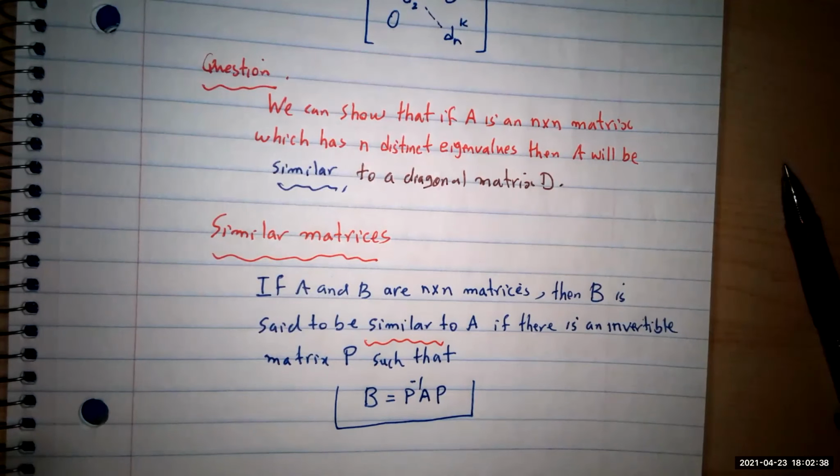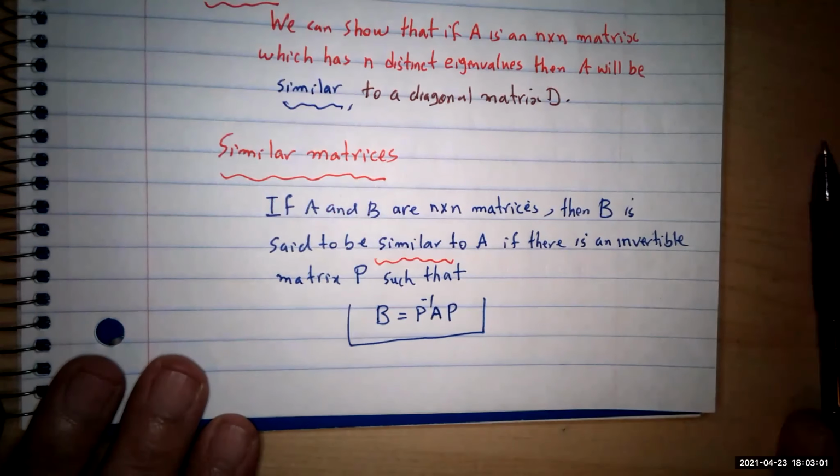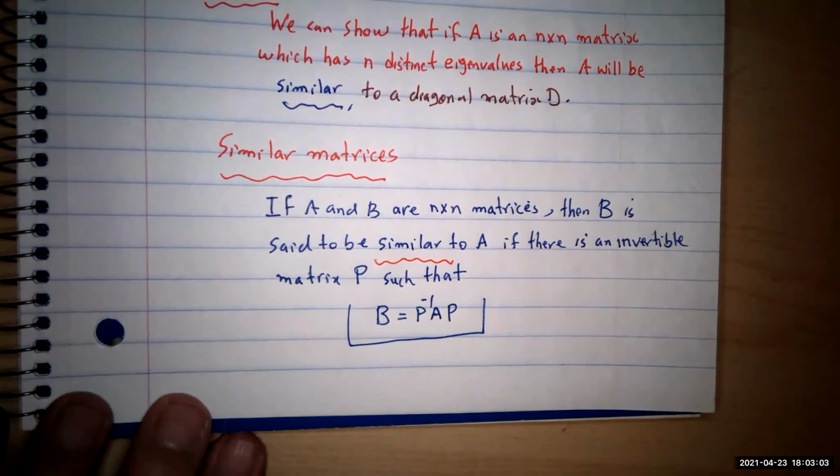So two matrices, A and B, are similar to each other if you can find an invertible matrix P such that this condition is satisfied. This is the notation that I'm going to use to make things easier.